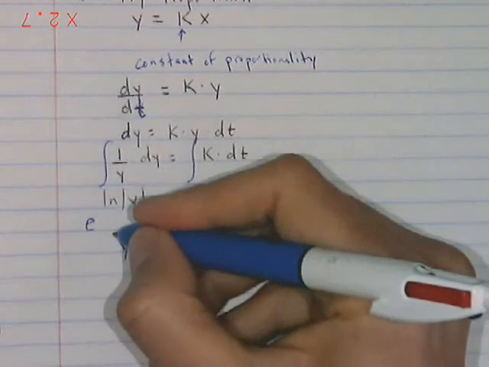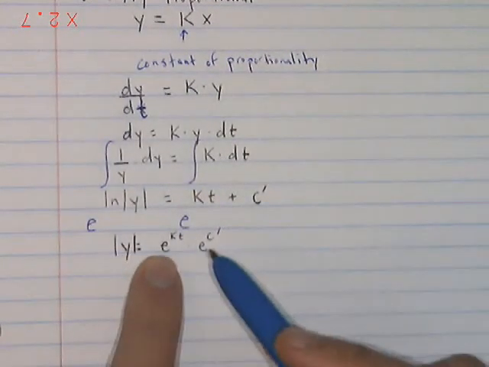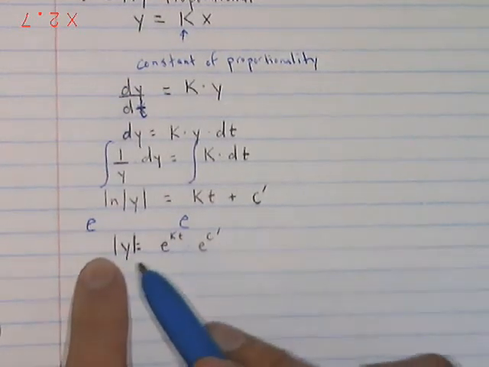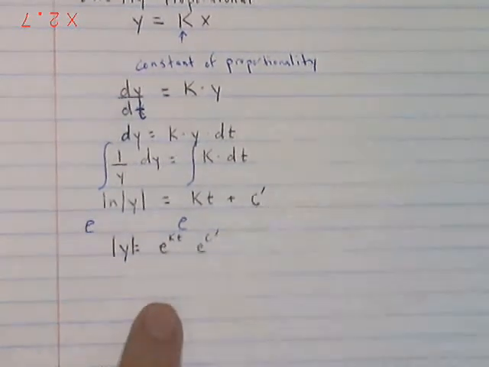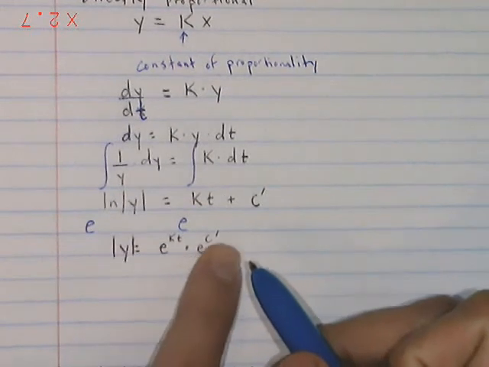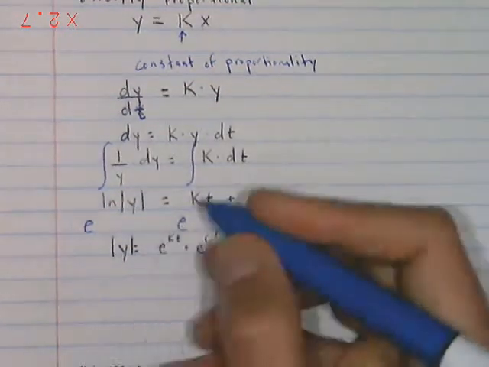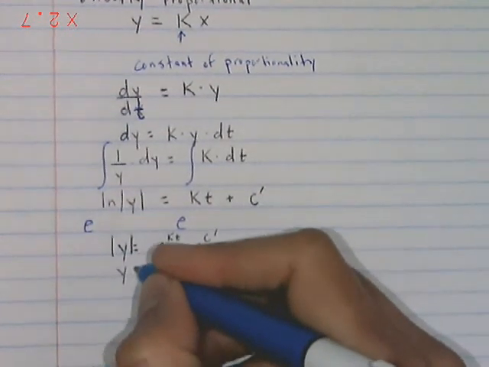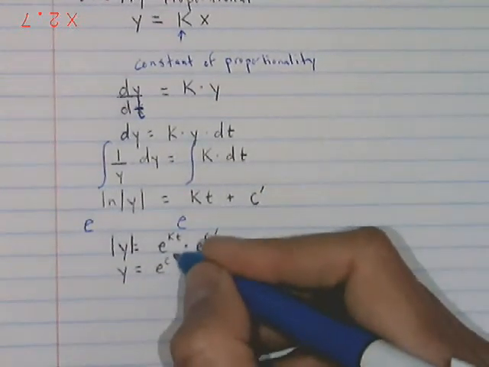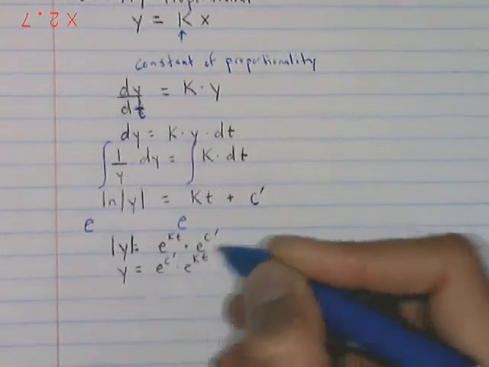I guess this should still technically be in absolute values, but in a second we'll see it's not possible for e to the expression to be negative, so we can actually do away with the absolute value, because this product, e to the kt times e to the c prime, has got to be positive for forever and all time. And so we have this equation that y is equal to e to the c prime times e to the kt.